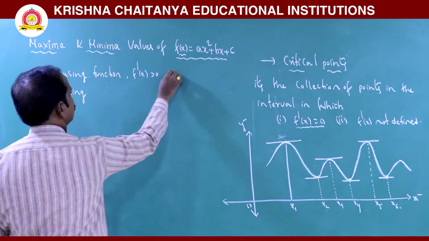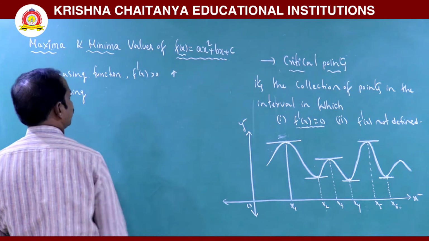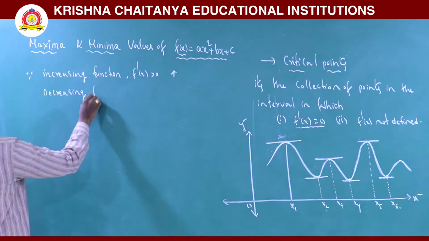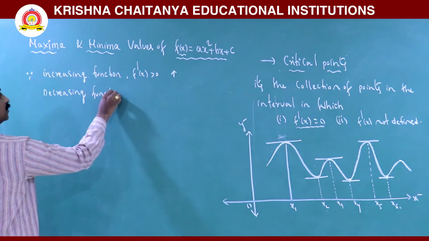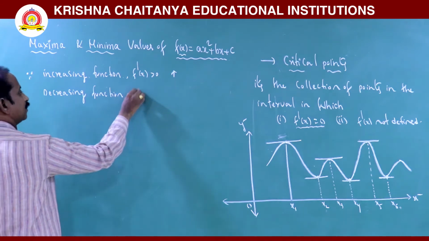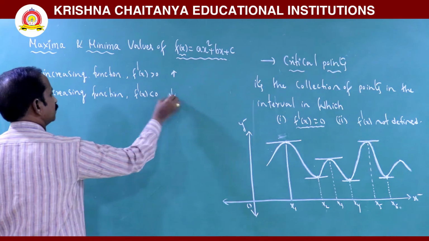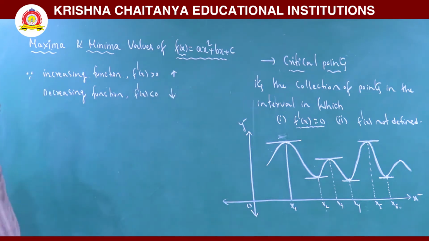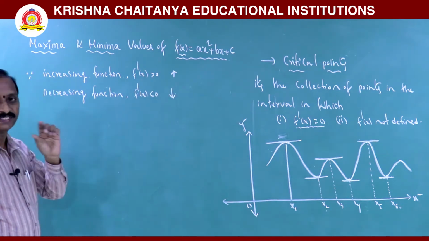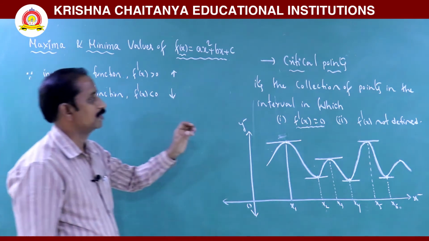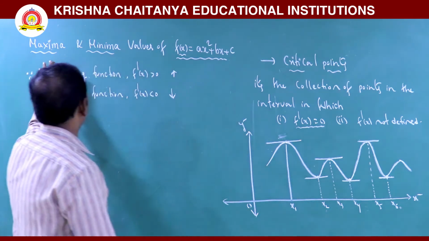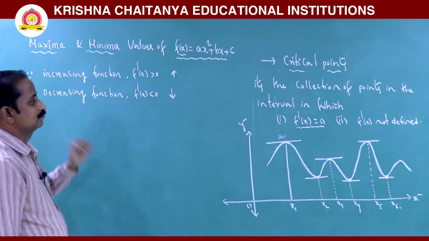An increasing function is in another way simply denoted like this. A decreasing function means that in the given interval f dash of x is less than 0, so it is called a decreasing function. Now, using the first derivative test, how do we get the maximum value and minimum value?